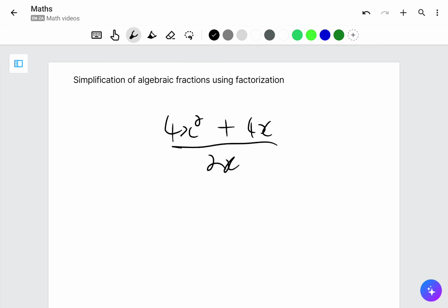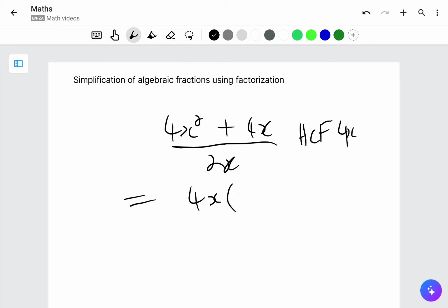Looking again at the numerator, I have a HCF over there of 4x, because when I look at my coefficient, I know 4 can go into itself once, and if I look at my variables, x to the 1 is again the smallest exponent. So I know I have a highest common factor of 4x. Let's get into this one again.